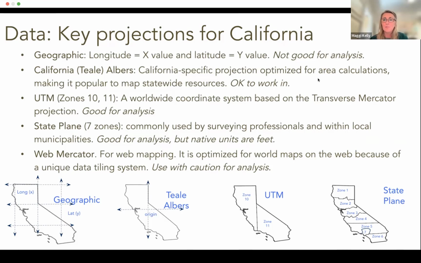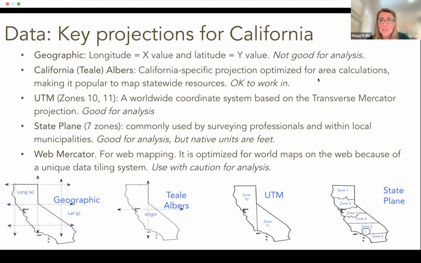So your X's and your Y's are the same. You can see that would be a problem immediately if you were looking at a big region, because of course, latitude and longitude vary as you move north on the Earth. So you still do see people working in geographic, but it's not really recommended for analysis.